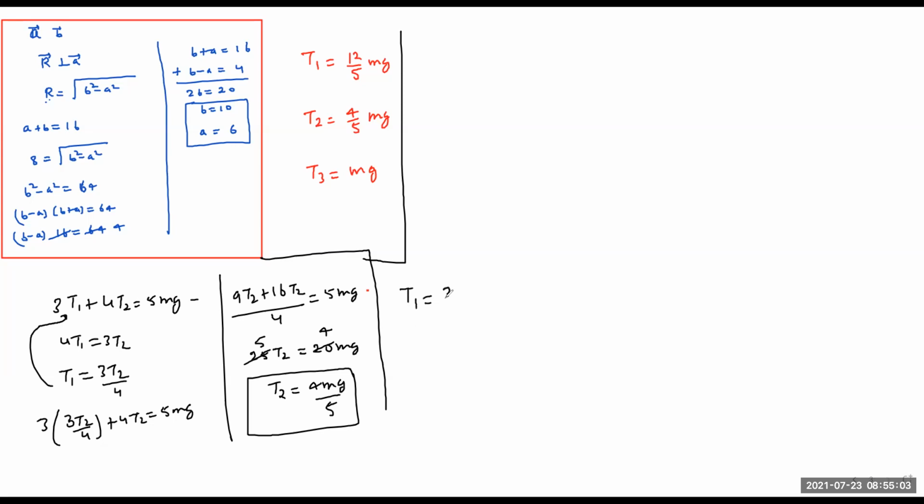T1 is 3 by 4 into T2, which is 4 mg by 5. Someone told me 12. That looks incorrect. So the answer is 3 mg by 5. Anyway, we have this answer for T1 and T2, and I hope it's not difficult.